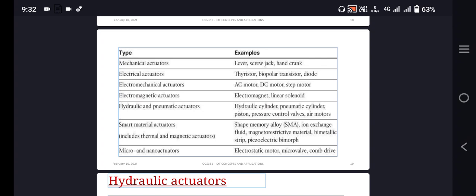Smart material actuators are shape memory alloy, simply called SMA, ion exchange fluid, magnetoresistive material, bimetallic stripe, piezoelectric BIMOF. Micro and nano actuators, examples are electrostatic motor, microvalve, comb drive.